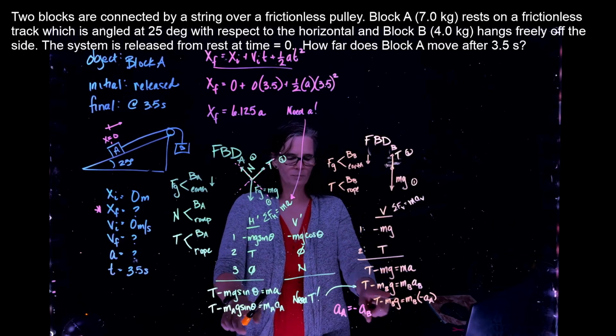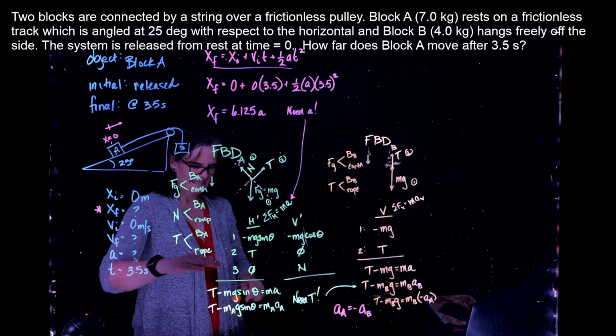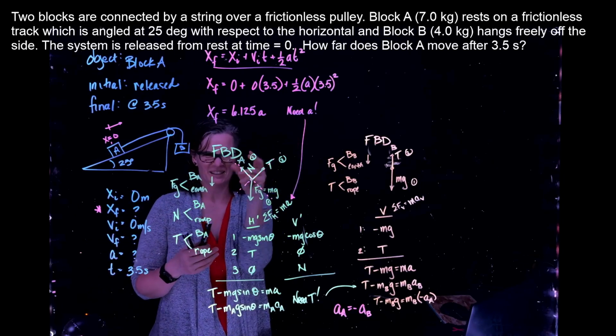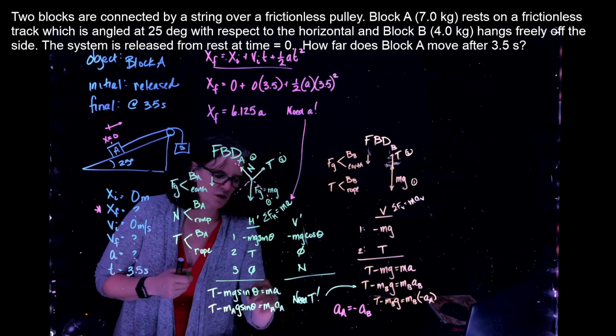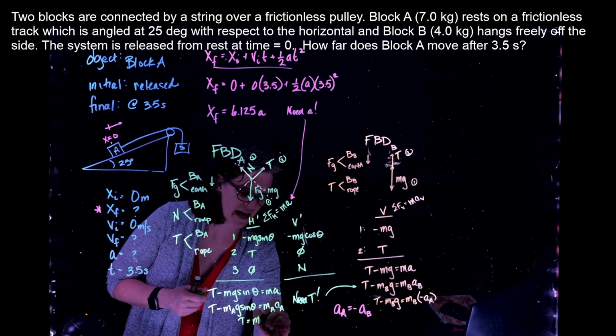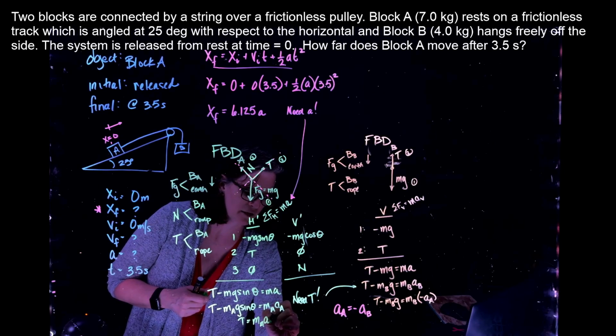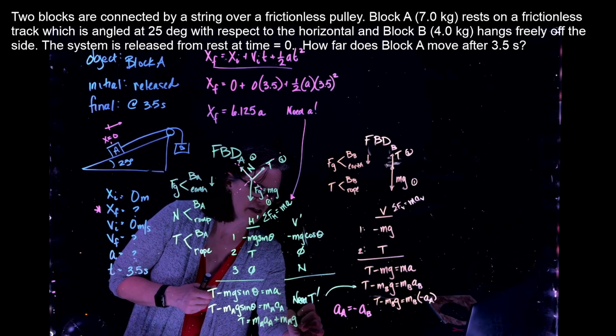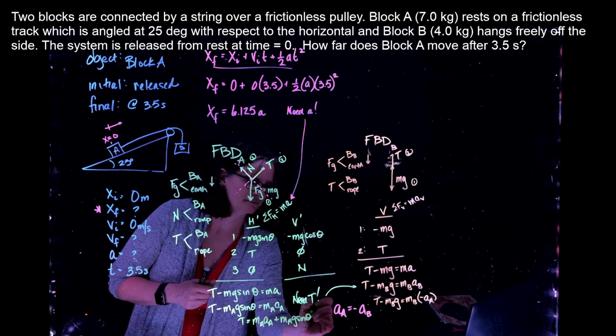So I'm going to solve both of these for T because I'm interested in solving for A, so I want to keep that with me. So in this case, I have T is equal to the mass of A times the acceleration of A plus the mass of A g sine theta.